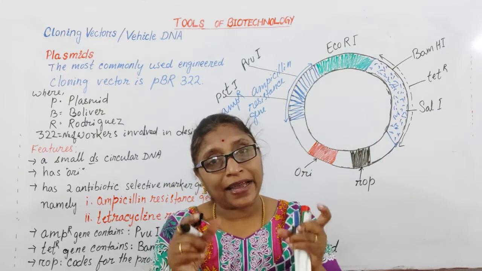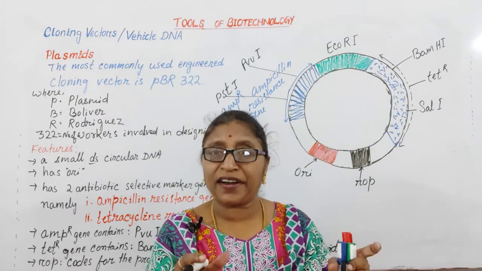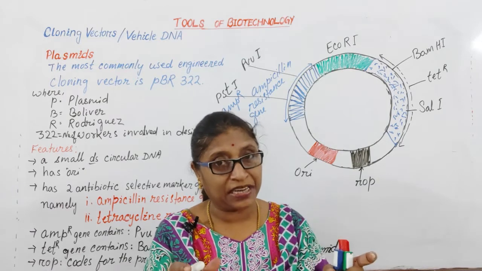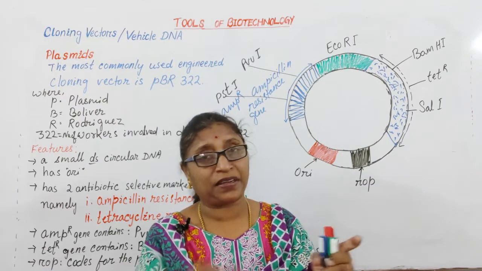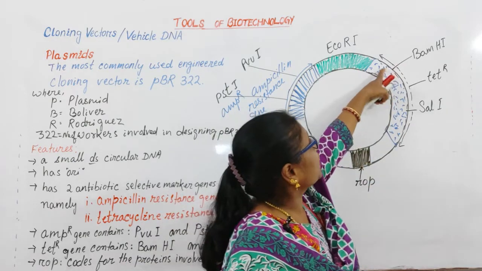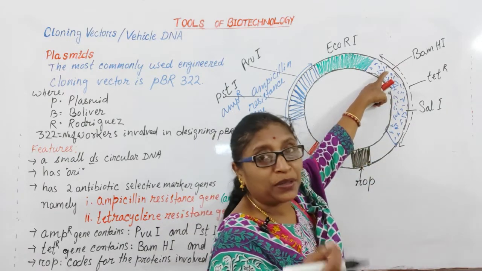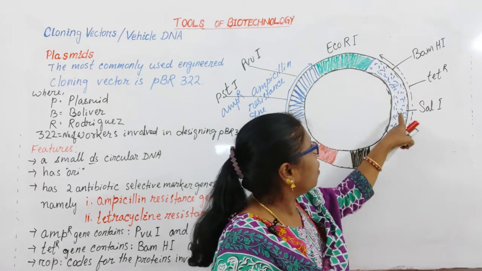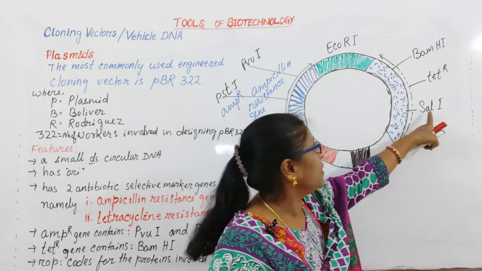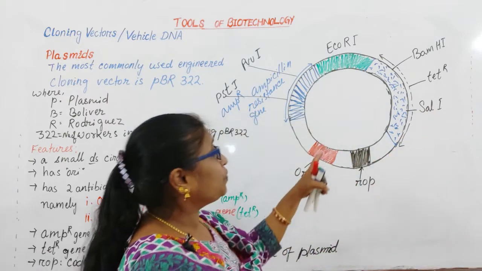Because the alien or foreign DNA, the desired gene, that means the desired segment of DNA, can be inserted here by using the restriction enzyme BamHI or here by using SalI. Then what will happen?